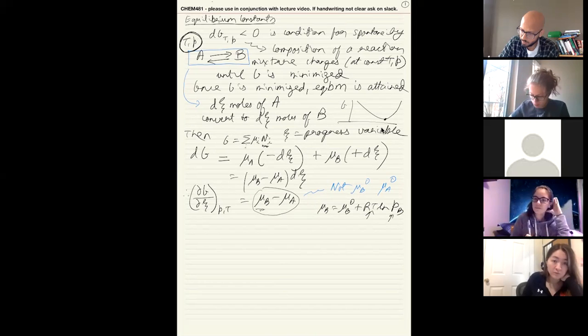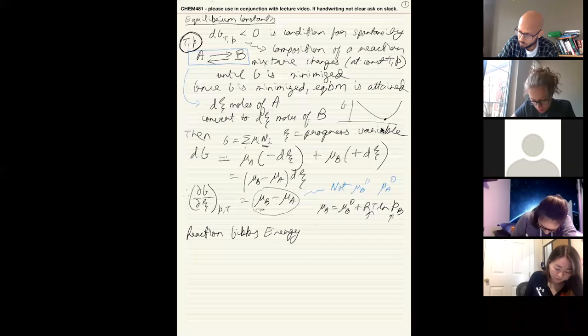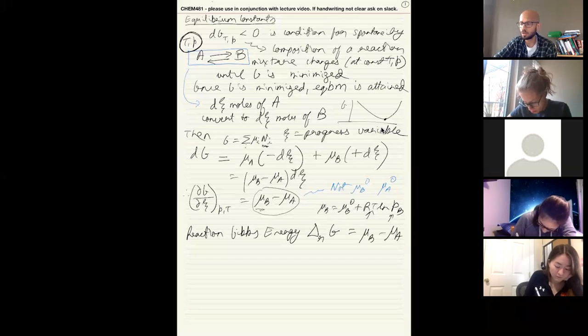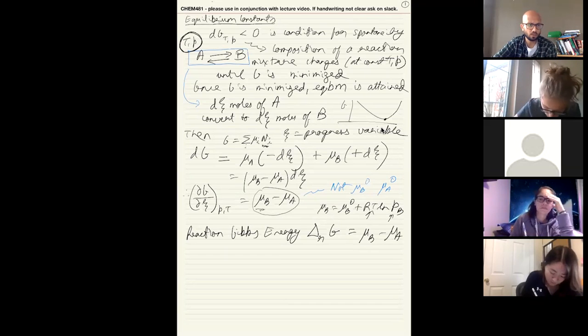In other words, we can define a reaction Gibbs energy for the reaction that we wrote above, this A interconverting to B. The reaction Gibbs energy, which Atkins calls delta rG, just like we had mixing Gibbs energy, this is reaction Gibbs energy. Delta rG is equal to mu B minus mu A, because this is the change in Gibbs energy that happens when the reaction proceeds per mole. You can think of it that way.